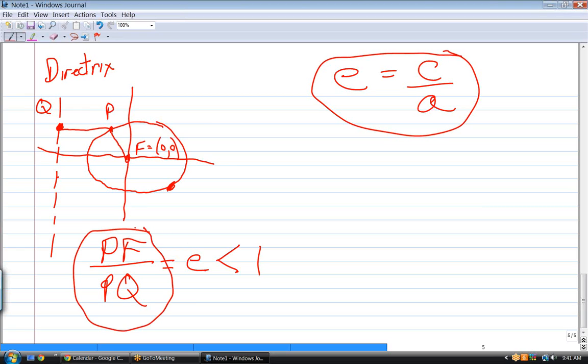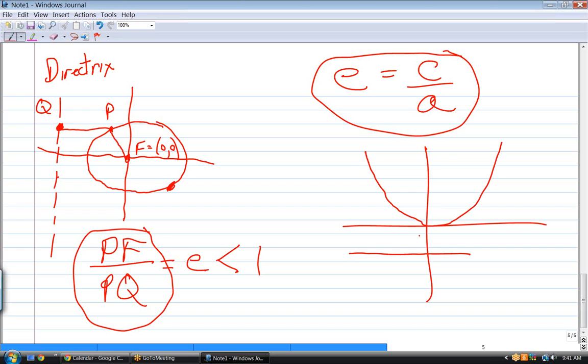Now, what was a directrix again? Well, previously, we only had directrixes when we had parabolas. The definition of a parabola is a locus of all points equidistant from some focus and the directrix. In other words, if I have a point right there, that distance is always equal to that distance.